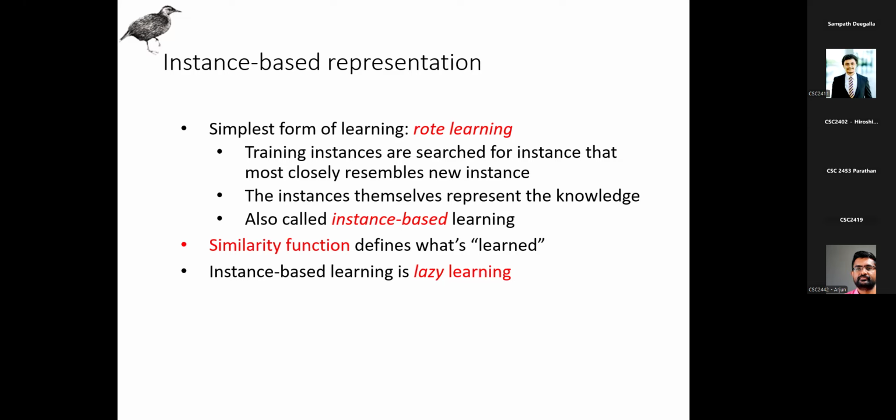Therefore, this is known as lazy learning, whereas in decision trees, we call it eager learning. What are the methods based on this principle? I'm going to discuss the nearest neighbor. In simple nearest neighbor, we look for the nearest instance. The other version is called k nearest neighbor, where you look for the k nearest instances.